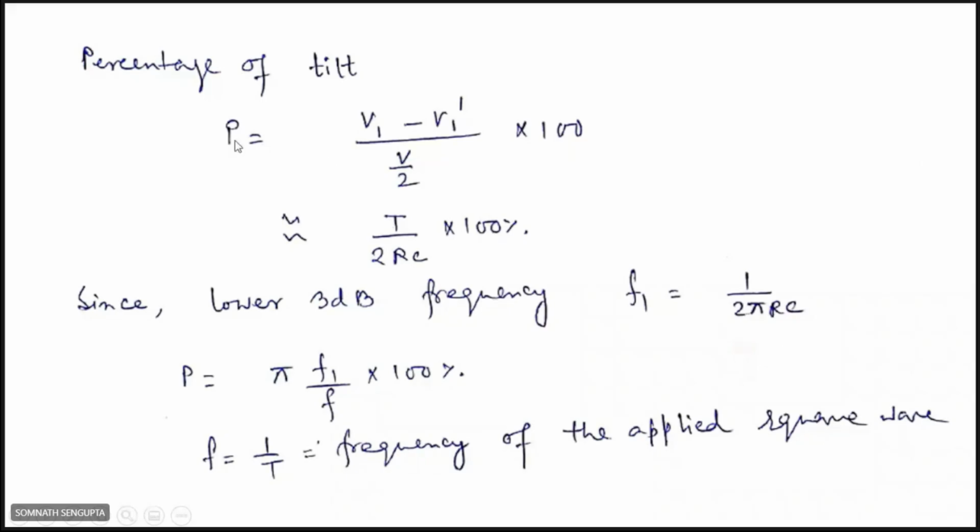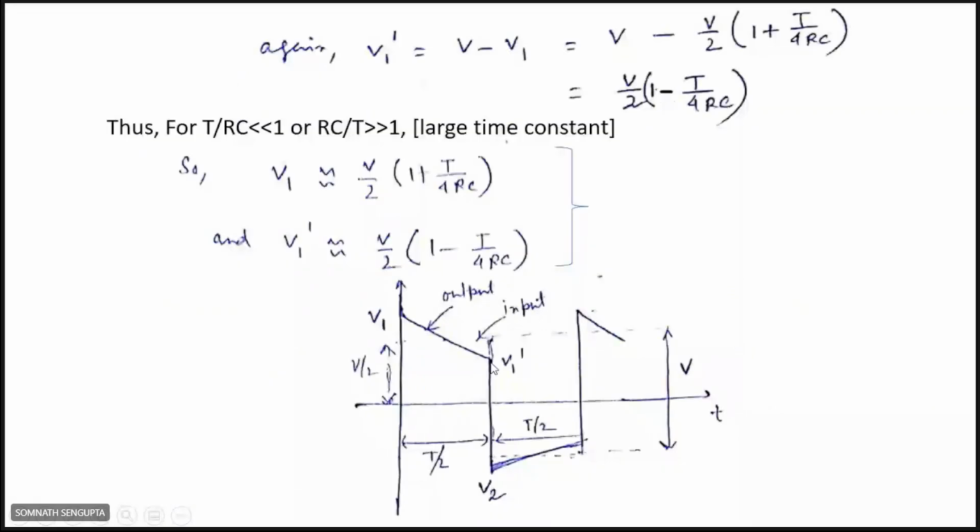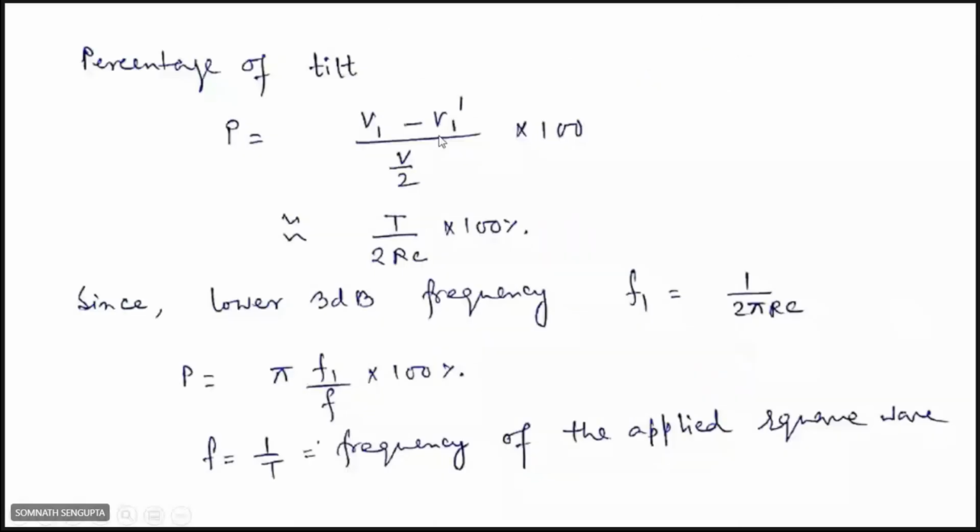So P is equal to V1 minus V1 dash, that is the initial and final values within a half cycle, divided by the average level V by 2, into 100. Putting all those values, we get T by 2RC into 100%.